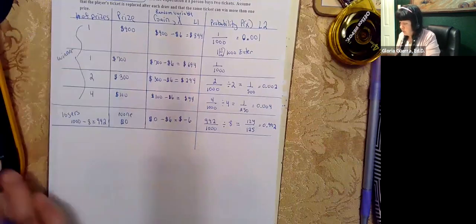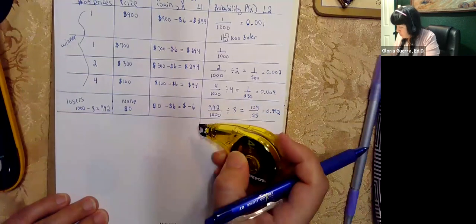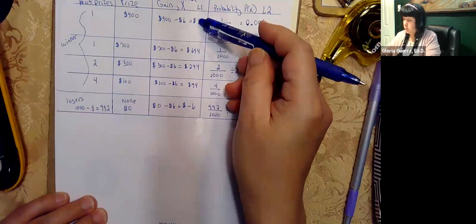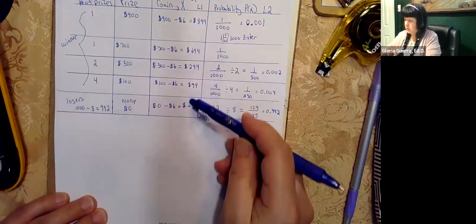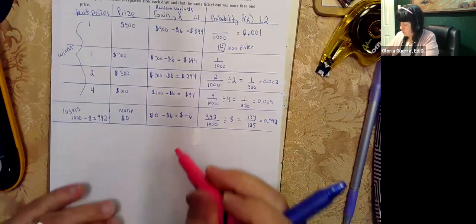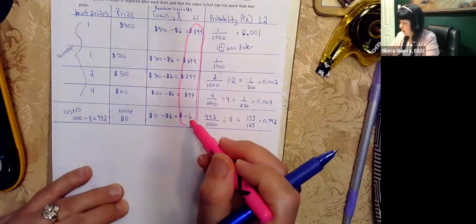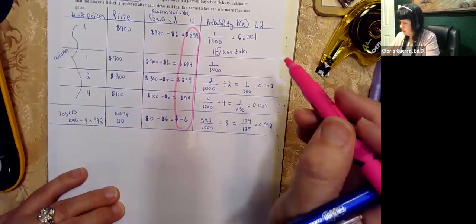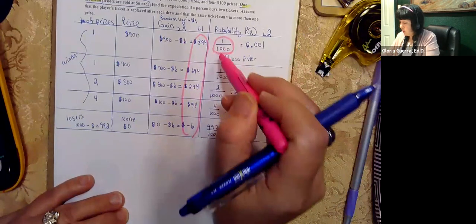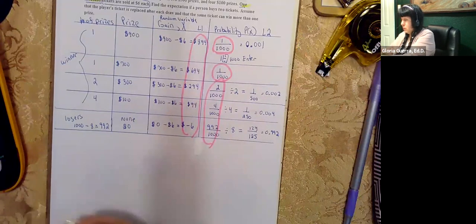Okay, so now what I'm going to do in the calculator is enter my random variables in L1. And the last one will have to have a negative in there. And then I'm going to enter my probabilities. I'm probably going to enter just fractions, but I already simplified them.